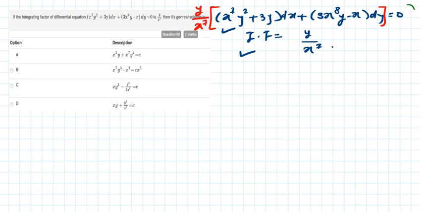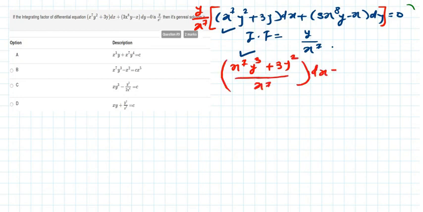So what will happen? This will be x raised to 7 y square plus 3y, multiply with the y also. So this will be y into y square, which is y cube, y into y, which is y square, upon x raised to 7, into dx. Then this will be 3x raised to 8 y square minus x y, upon x raised to 7, dy equal to 0.